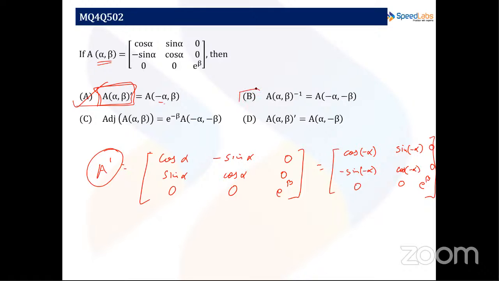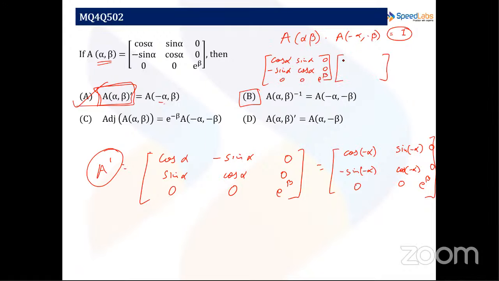Let's go for option B. If you are having this thing, let's find A of alpha, beta into A of minus alpha, minus beta. If that will be equals to I, then this will be inverse of this. So A of alpha, beta is cos alpha, sin alpha, 0, and minus sin alpha, cos alpha, 0, and 0, 0, e to the power beta.